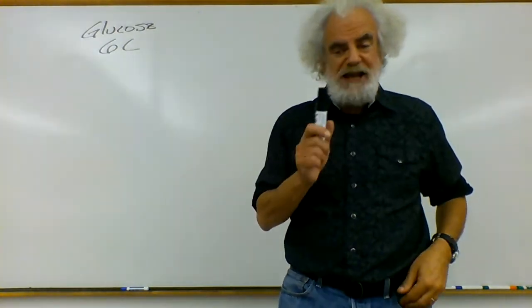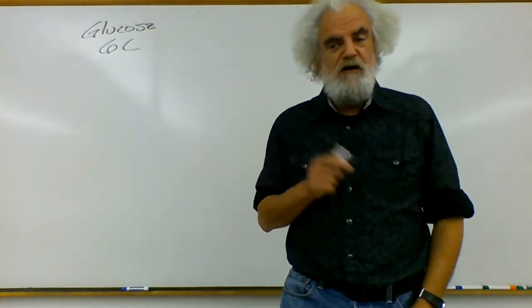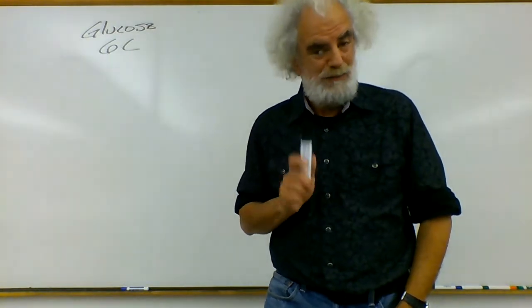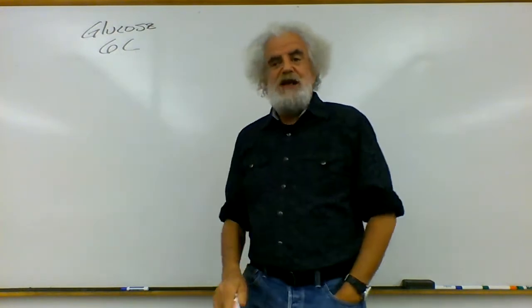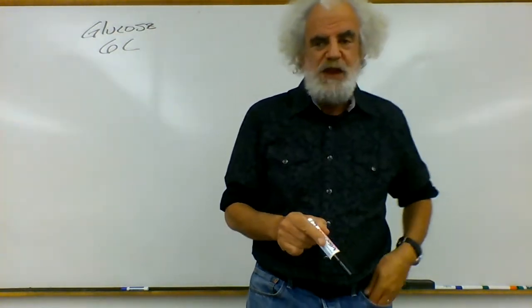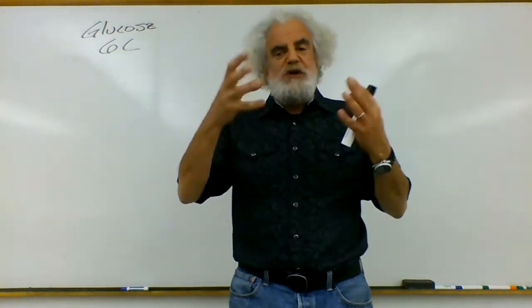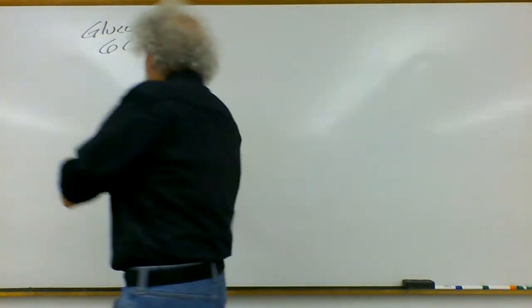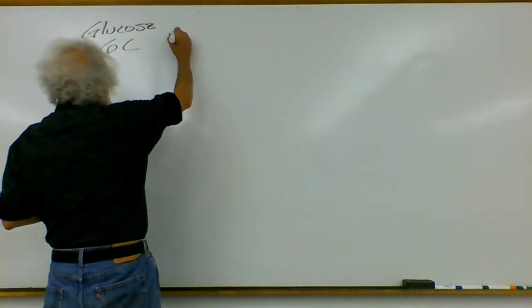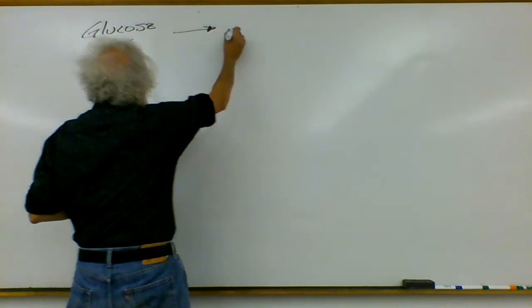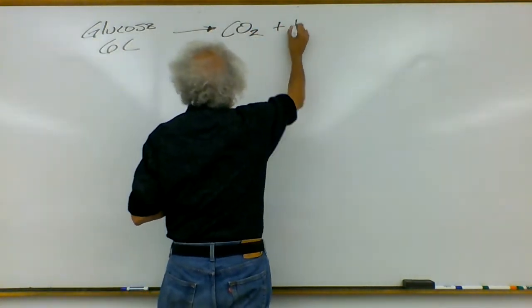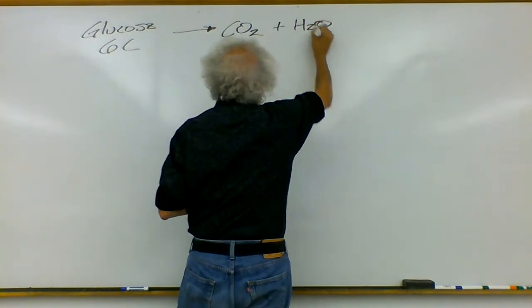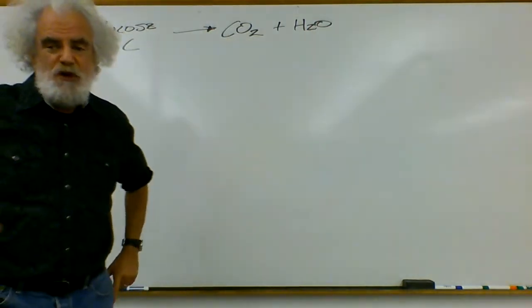So here is the cast that is going to be involved in this metabolism play, if you will. We've got glucose. That's the starting point. Now, glucose is going to be broken down into carbon dioxide and water. So those are the endpoints.